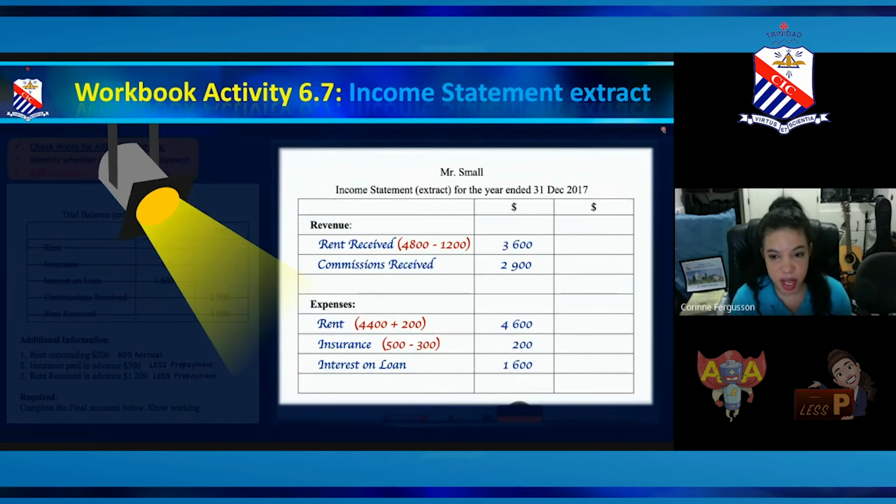And since it's an extract, this might be enough, or you may have to add it up, and you just simply tally. You draw your line, a tally, and you put it in the last column. Same thing for your expenses, and this will be the complete extract for 6.7. This is your answer if you want to check and double check.